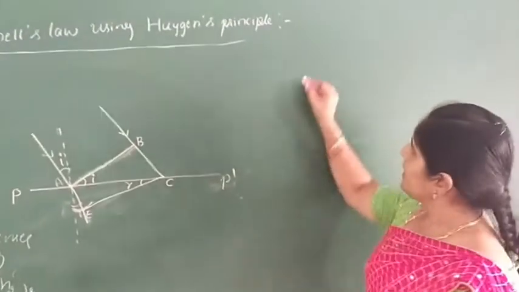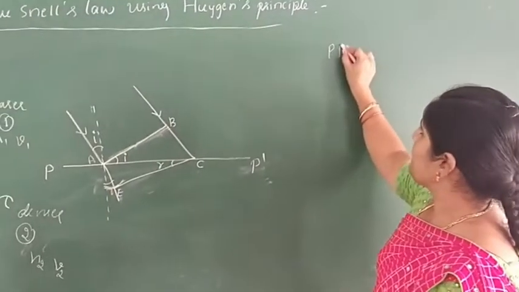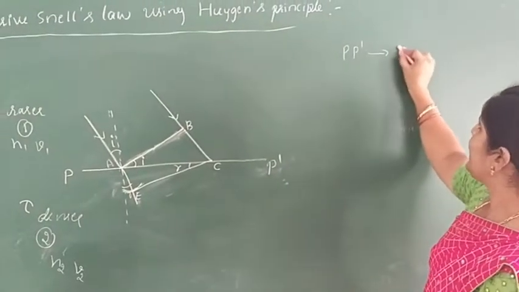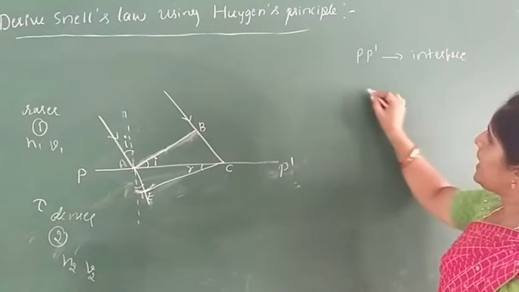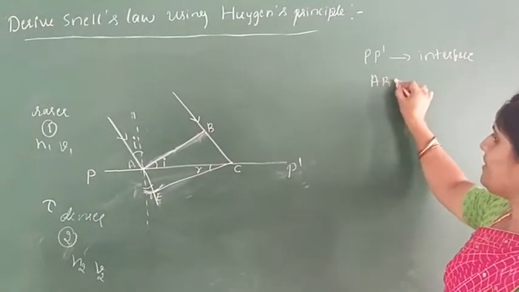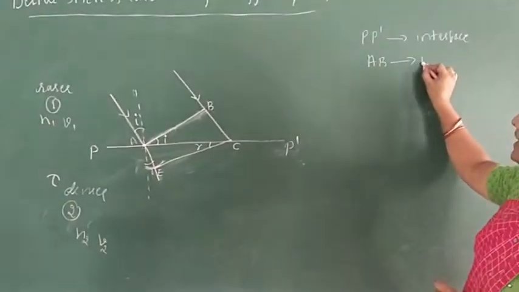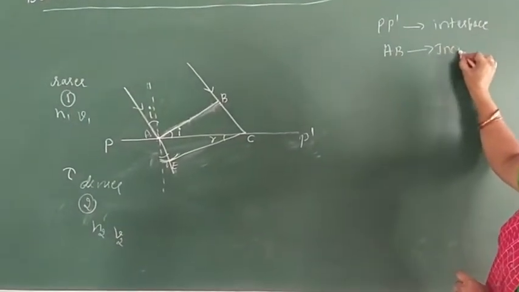So from the figure, P dash is the interface. AB is the incident wavefront.